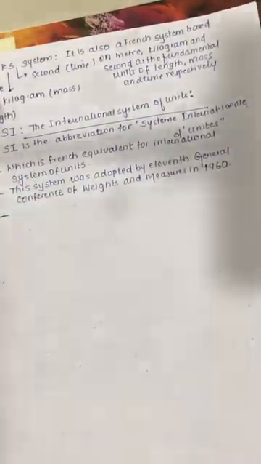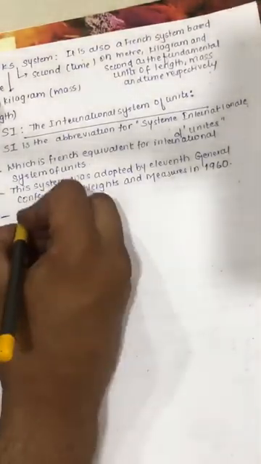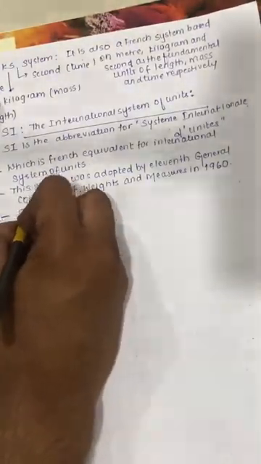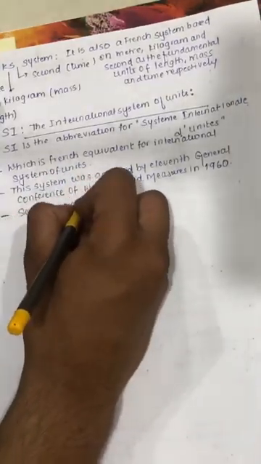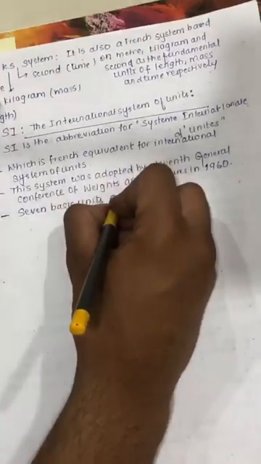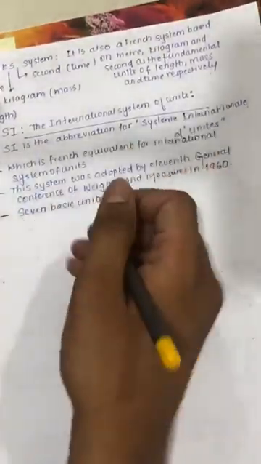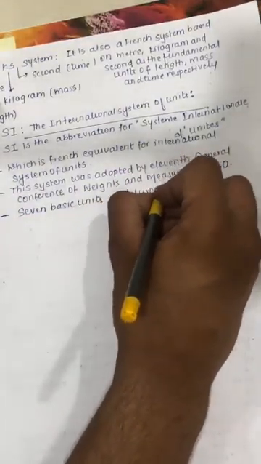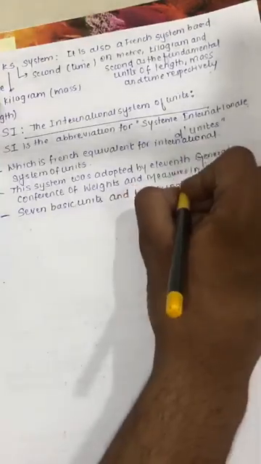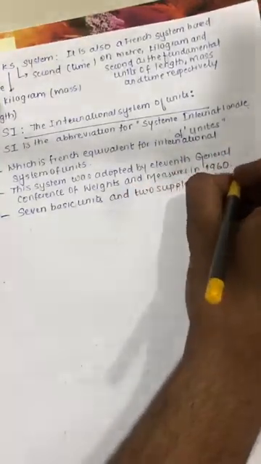This system gives 7 basic fundamental quantities and 2 supplementary units. It covers 7 basic units and 2 supplementary units.